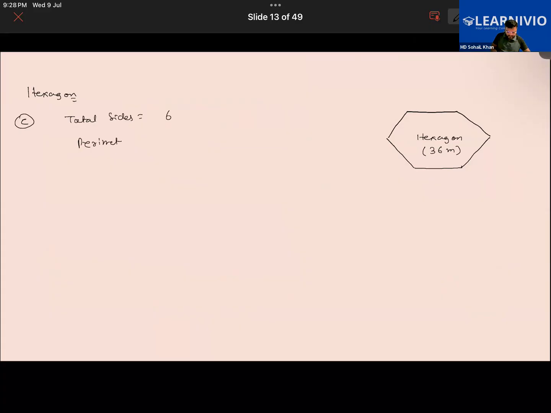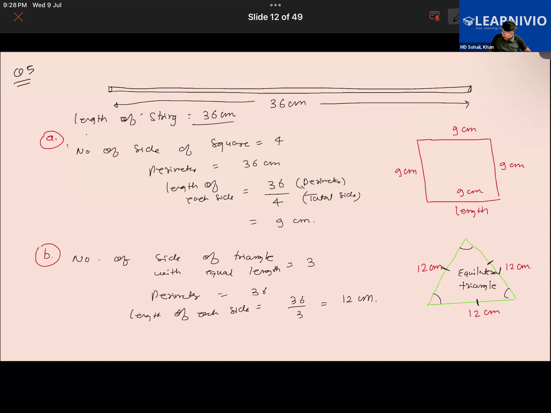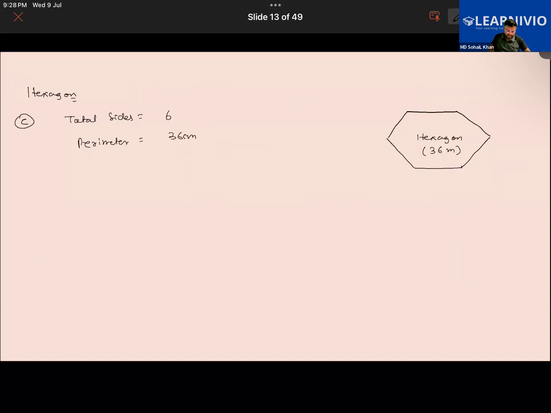Exactly. So perimeter is 36 meter, no? Meter or centimeter? Centimeter. 36 centimeter. So thereby, length of each side is perimeter divided by total sides, 36 upon 6, hence 6 centimeter. Okay, write down this one also quickly.